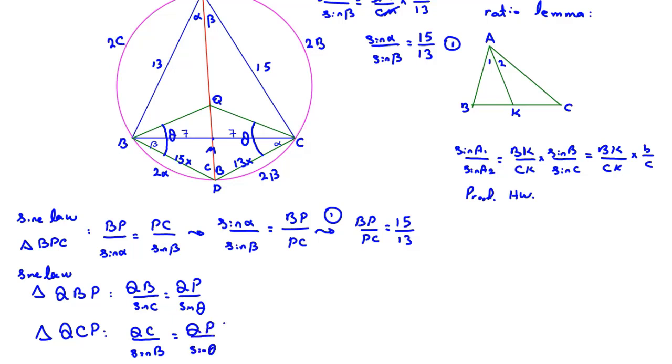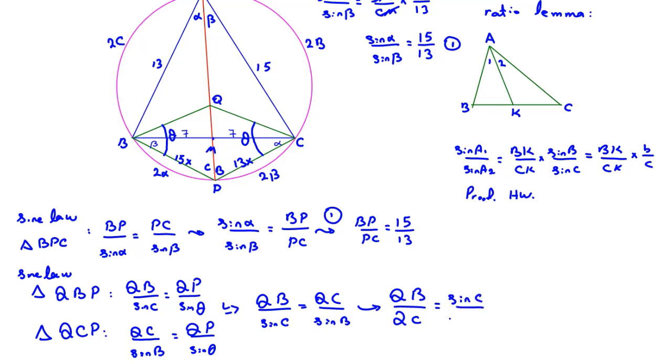Because QP over sine theta is equal in both, QB sine C equals QC sine B. Then you can rearrange: QB over QC equals sine B over sine C, and by sine law it will be B over C. C is 13, B is 15, so 13 over 15.